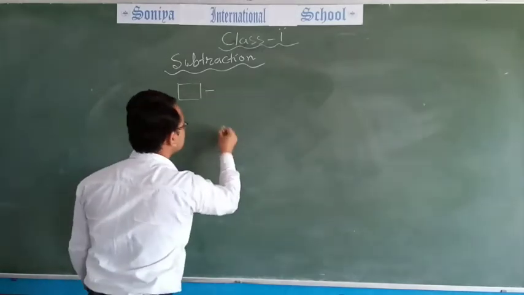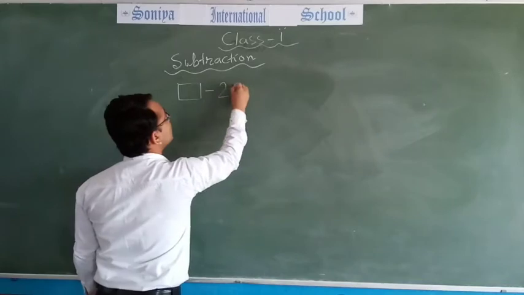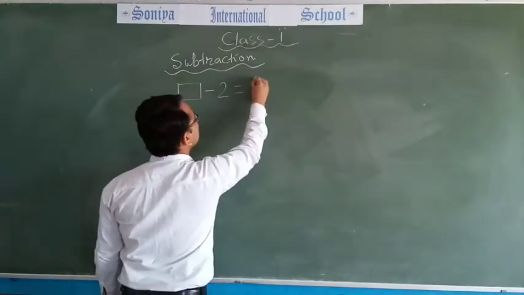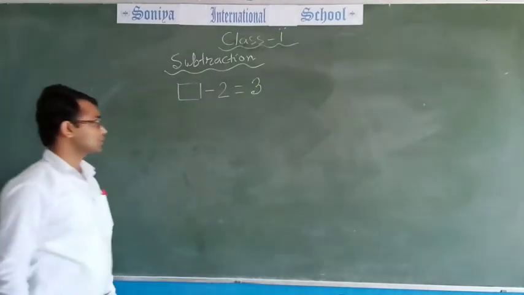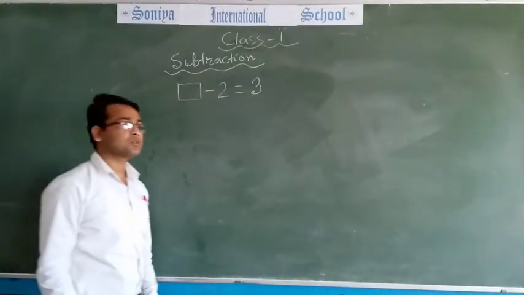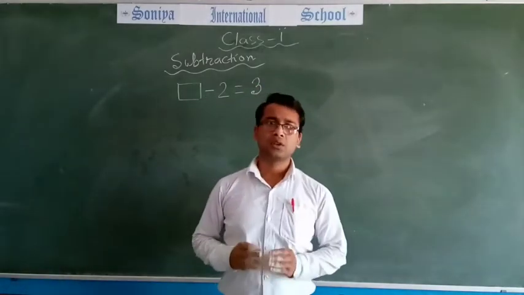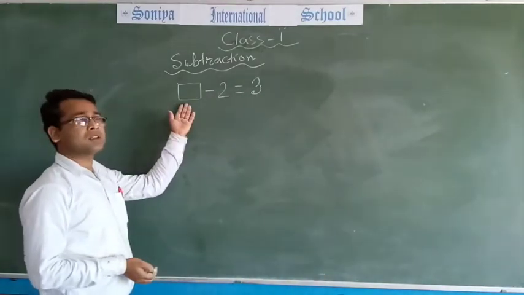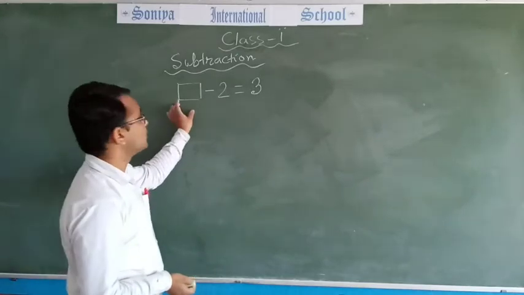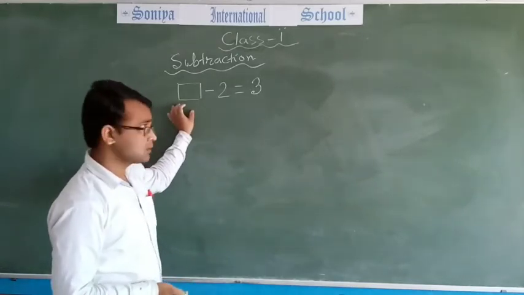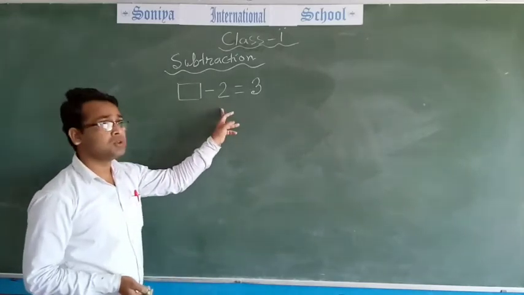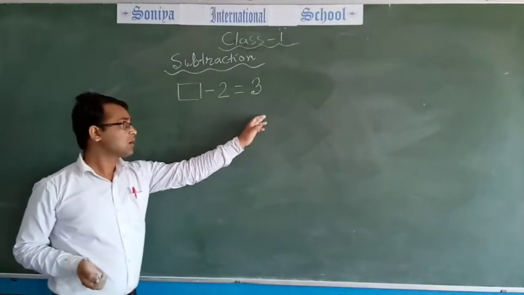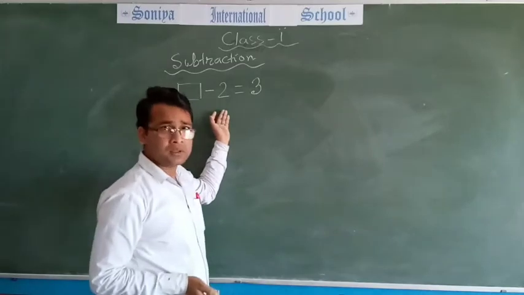Box minus 2 is equal to 3. Here, first part, box or blank minus 2 is equal to 3. How will we solve this?